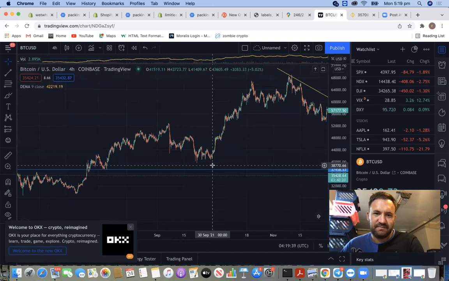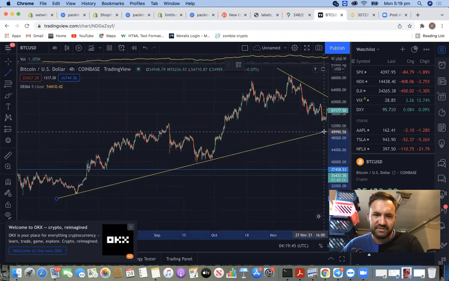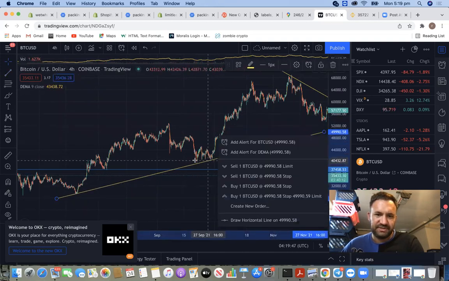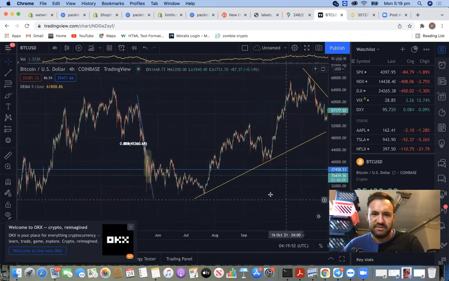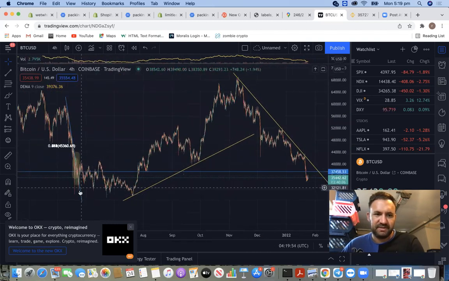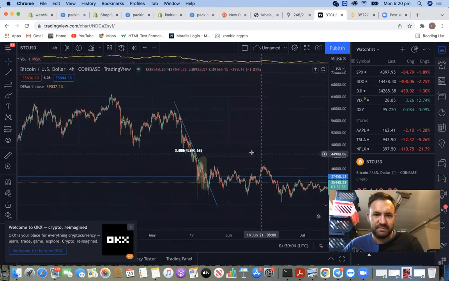Same thing works with uptrend, guys. You can go from here, and you're just trying to touch as many bottoms of the candles as possible. So this was back, I think, about 5 months ago now, with this big drop, and this is where the trend was broken.